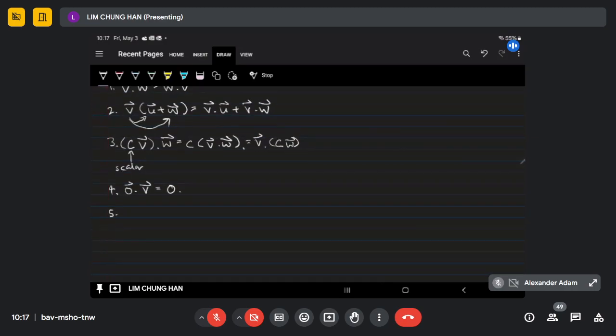Finally, the fifth and final rule. If you dot product a vector with itself, v dot v, what you get is basically (v1, v2, v3) dot product with (v1, v2, v3).